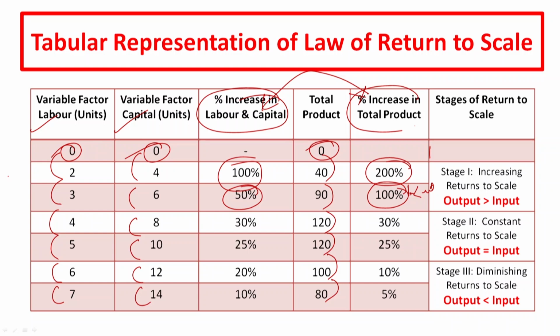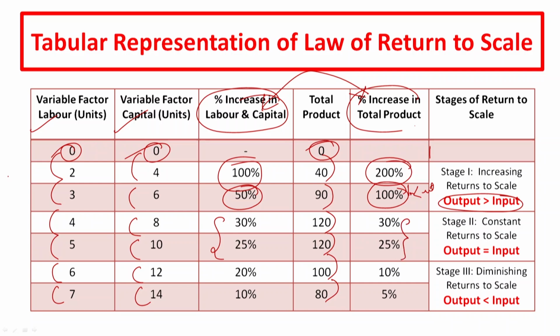That means your output is more, your input is less, and this is the stage of increasing return to scale. That means your output is greater than your input. And why? Because of various economies. Due to this, the cost of production reduces at the initial level, and this increases the level of output.